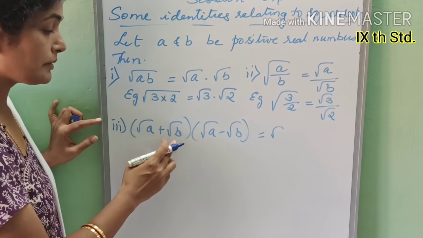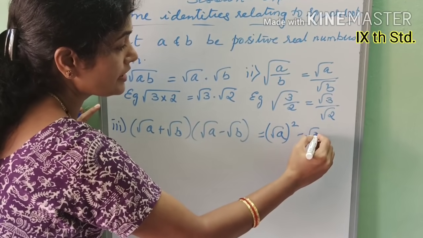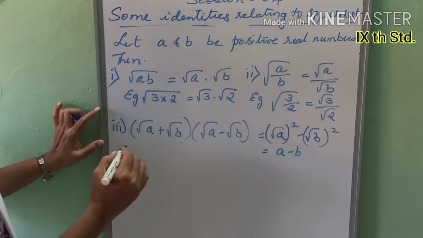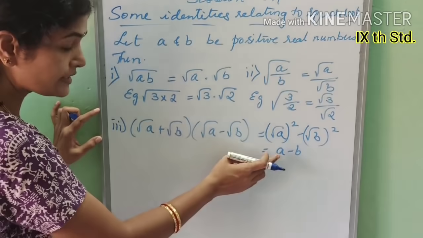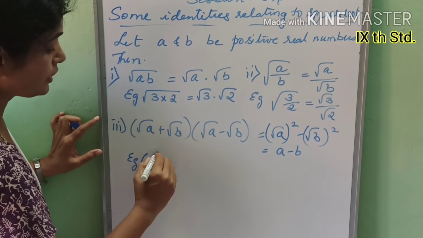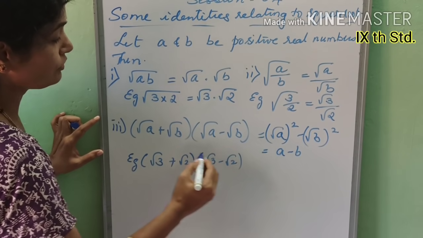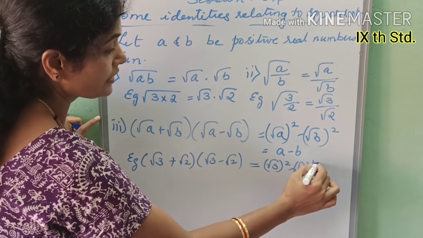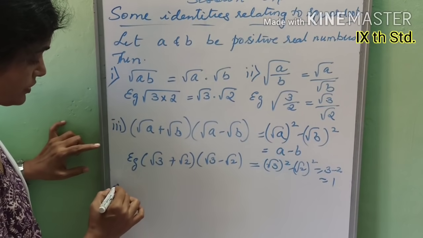Here it is root A plus root B into root A minus root B, so that is equal to root A whole square minus root B whole square, which is nothing but A minus B. For example, root 3 plus root 2 into root 3 minus root 2 is equal to root 3 whole square minus root 2 whole square, or simply 3 minus 2, which is equal to 1. Right?